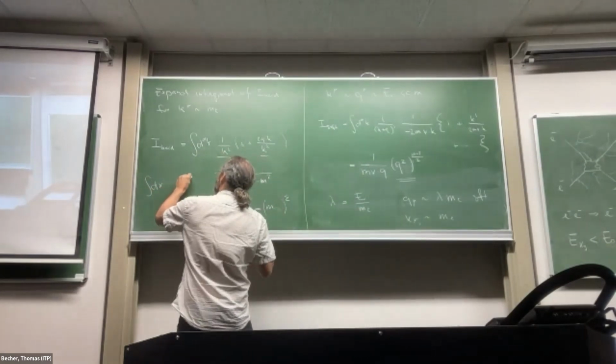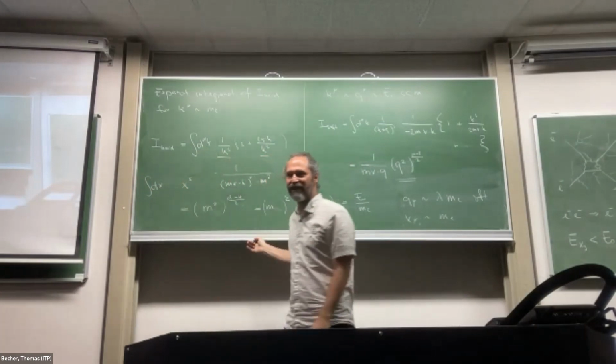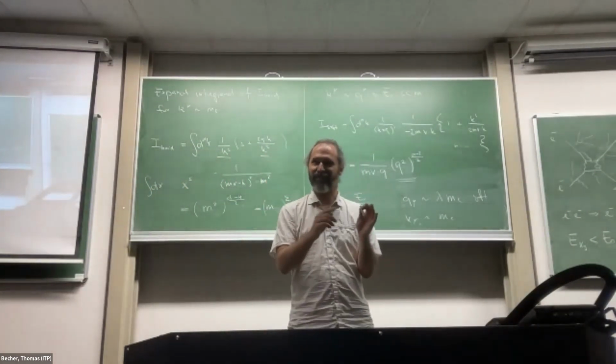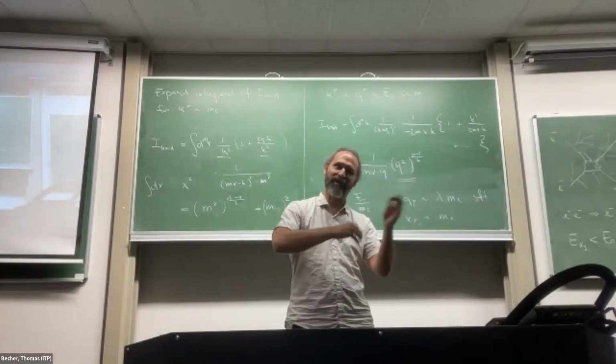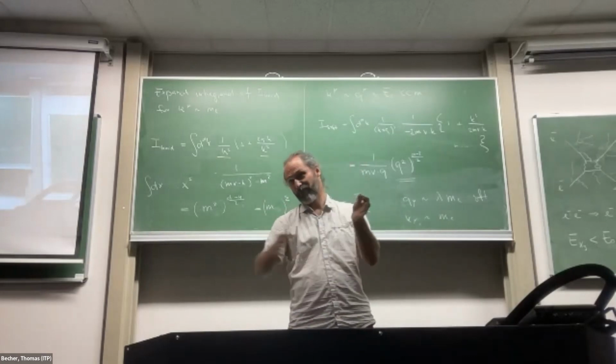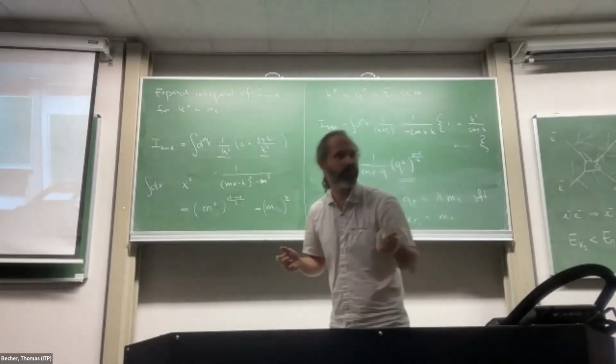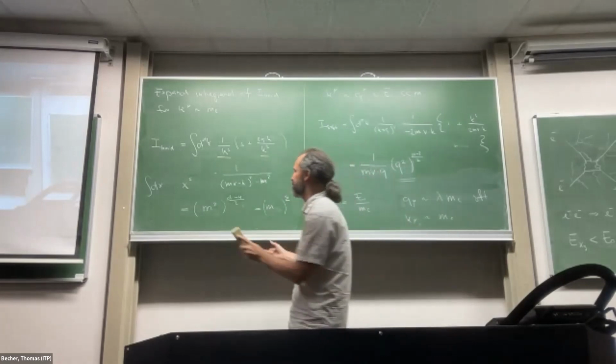Then just insert the factor x to the epsilon into the integrand. Look at the analytic structure of the integrand, find which regions contribute, expand around the different regions, and you'll get the asymptotic expansion of this Bessel function. So it's often a trick, also useful in other contexts.